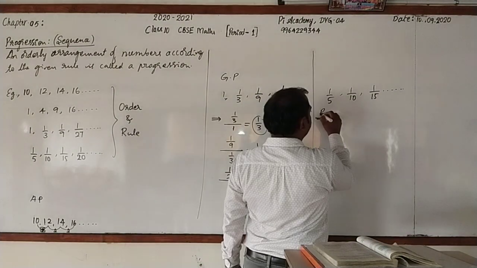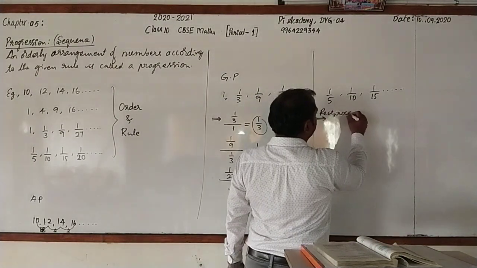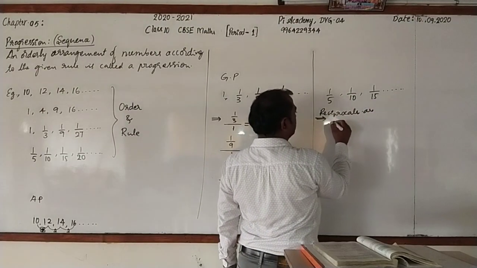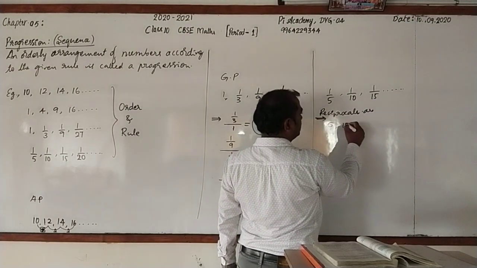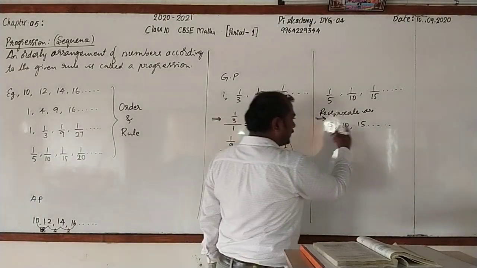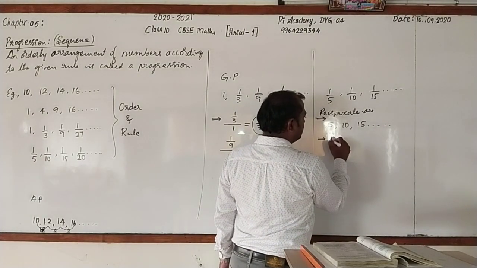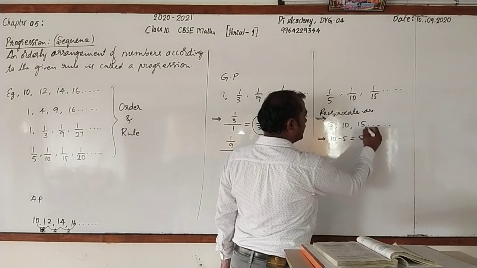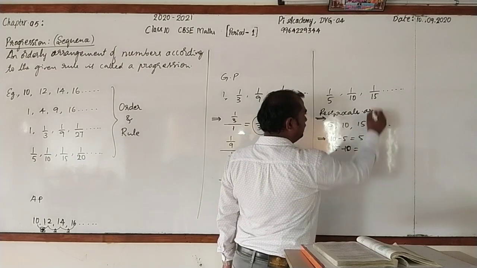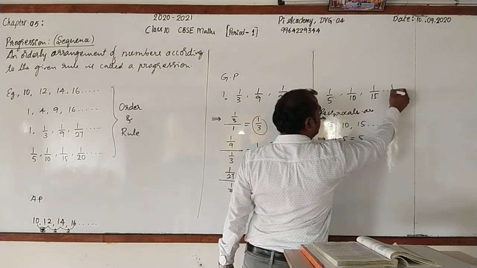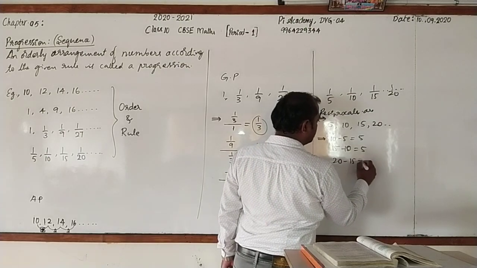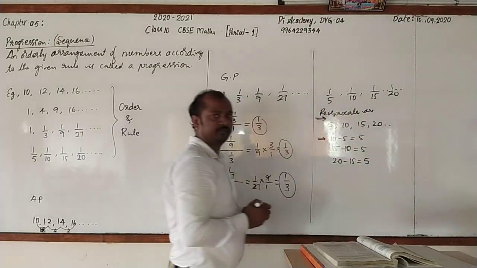See, the reciprocals of all these numbers are 5, 10, 15 and so on. Then find out the difference. It is 10 minus 5 is 5, 15 minus 10, that is also 5. Next, if it is 1 by 20, here we can write 20. 20 minus 15, that is also 5.